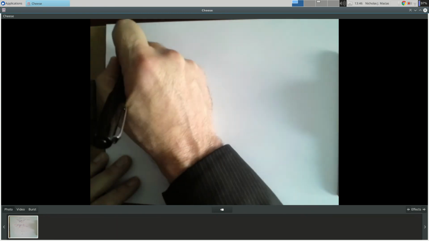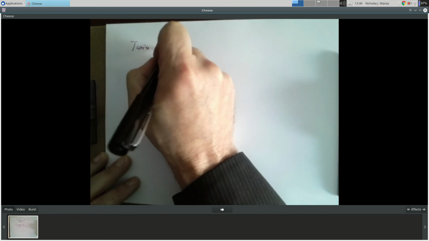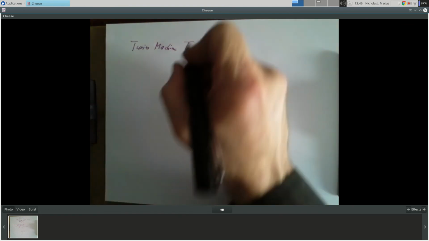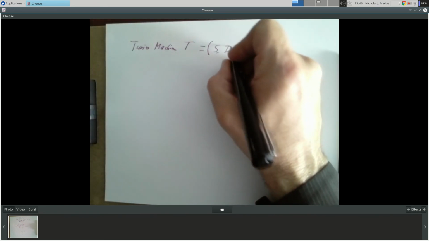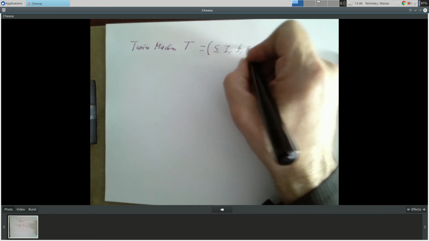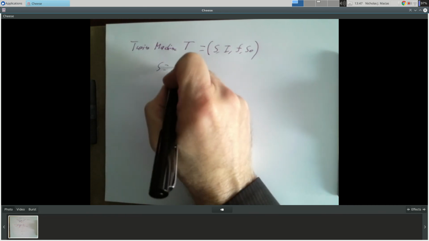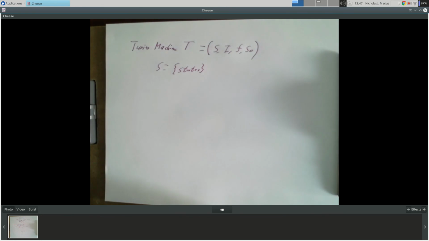So let me give you an intro here. Let's define a Turing machine T. It's an ordered set of four things: S, I, F, and S0. S equals a set of states, just like a state machine.